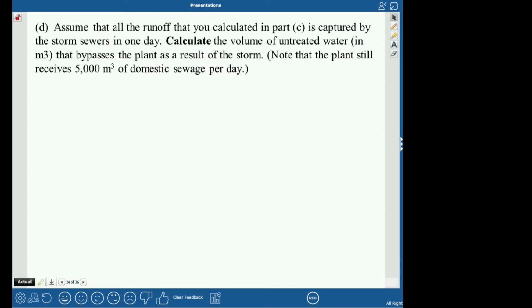We're going to take our runoff from impervious surfaces and add the 5,000 to it. That's going to be the total amount we're working with.